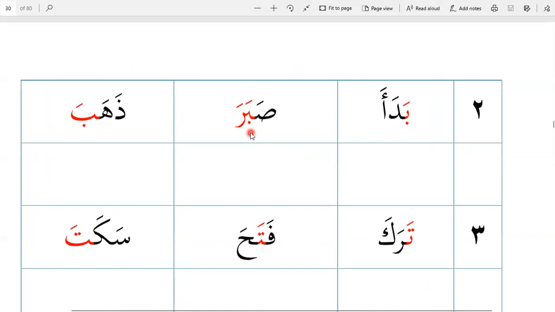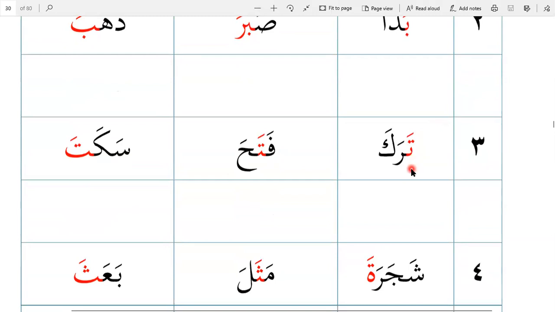Sa, ba, ra. Va, ha, ba. Ta, ra, ka. Fa, ta, ha. Sa, ka, ta.